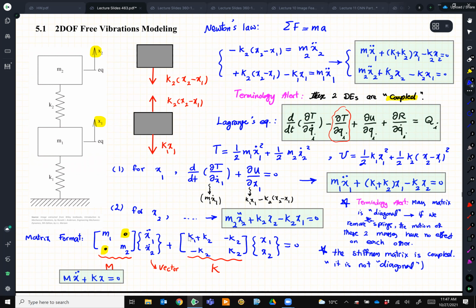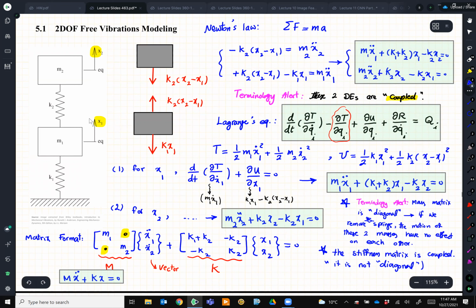Now, a fact that we can check is to look at the system and move x1 and x2 and see if, for example, if you move x2, the deflection of one spring is going to affect the other one. On this simple system, it's obvious, right? If I just move the top one, probably it is going to move the bottom one with it as well. So these two have an effect on each other.